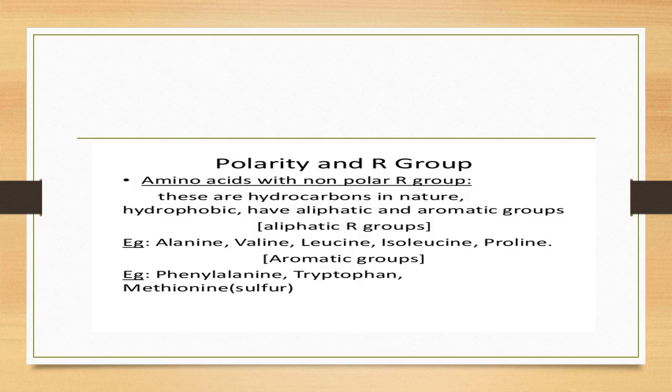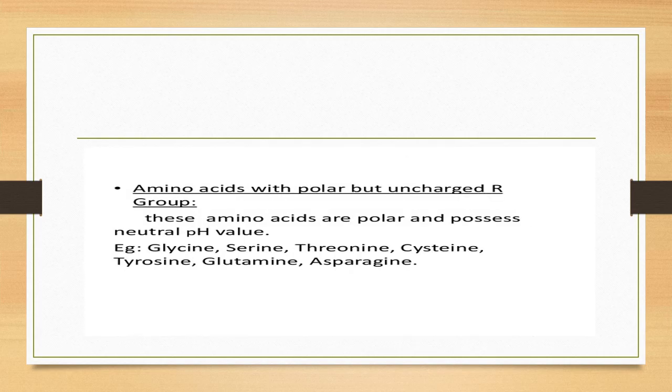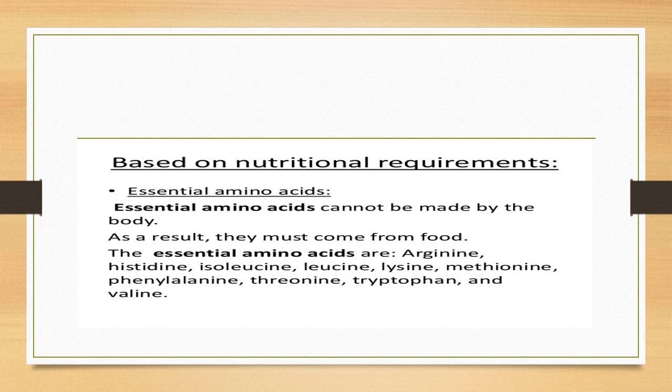If an amino acid has a non-polar R group which has no affinity for water, we call it an amino acid with a non-polar R group. If an amino acid is polar, how are they polar? If the R group has polarity, meaning it has attraction or affinity towards water, it is called an amino acid with a polar R group. So one classification is based on the R structure.